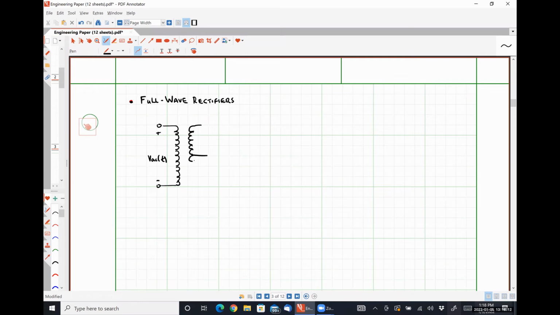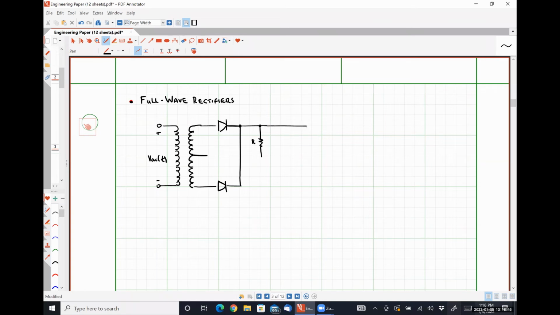Here's our transformer, and there's our center tap. So we're going to have two diodes, one up here, one down here. The output of the diodes effectively is going to be pulled together at the same node. And then we're going to have our resistor R here.